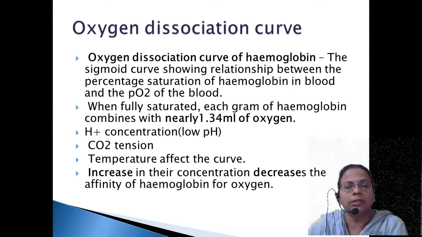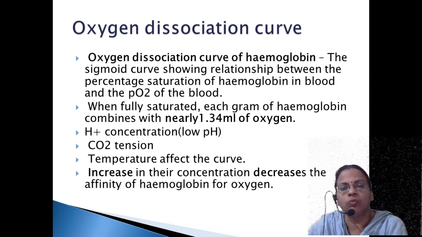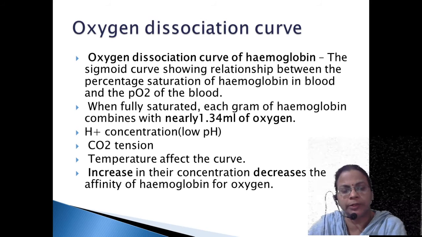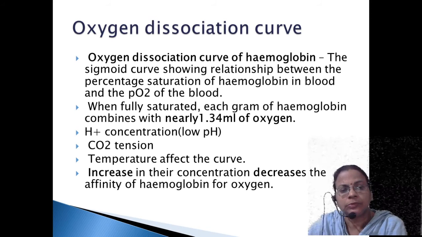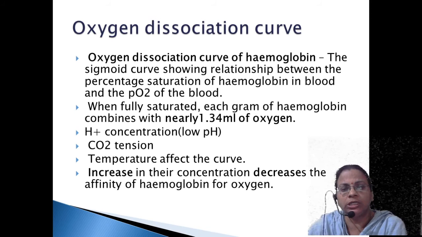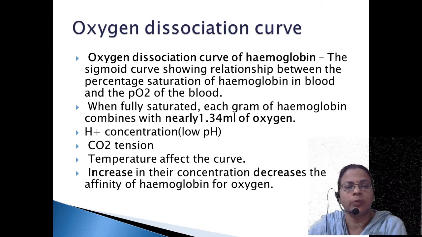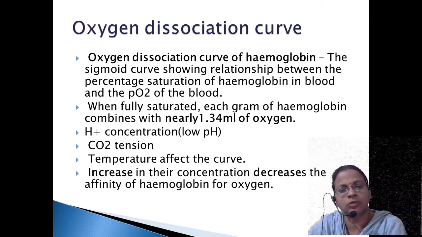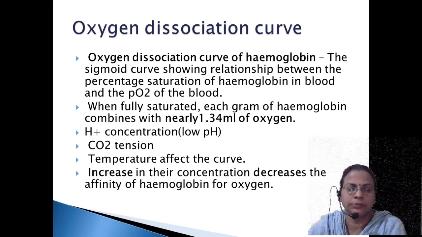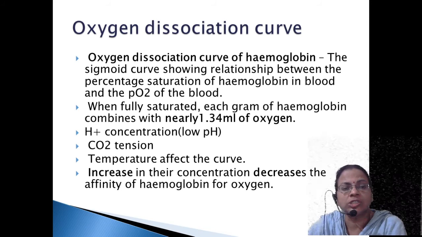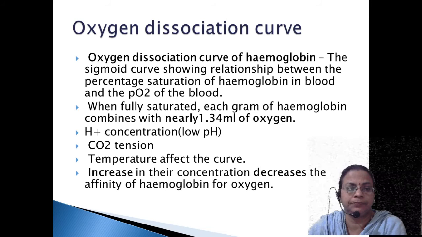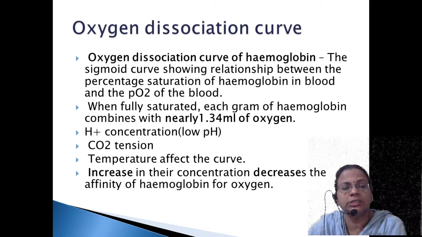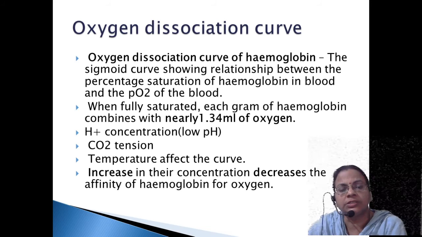And this binding of hemoglobin with oxygen depends upon 3 factors. That is very important. Oxygen's binding with hemoglobin is affected by an increase in H plus ions, which means low pH, an increase in partial pressure of carbon dioxide, as well as an increase in temperature, which shift the curve.